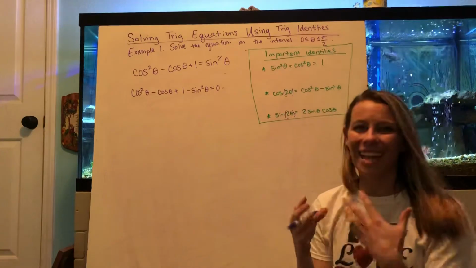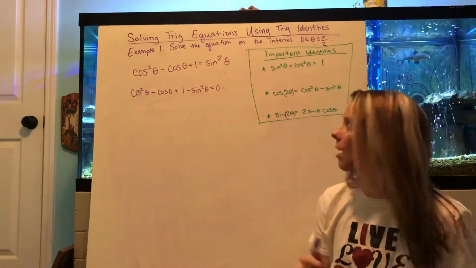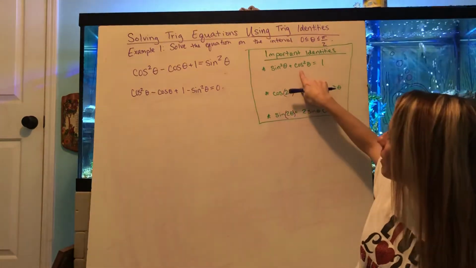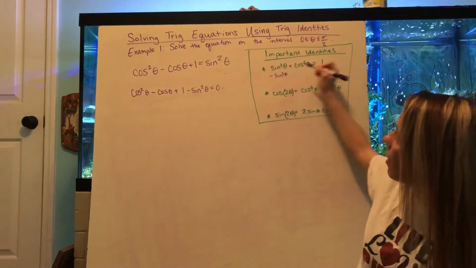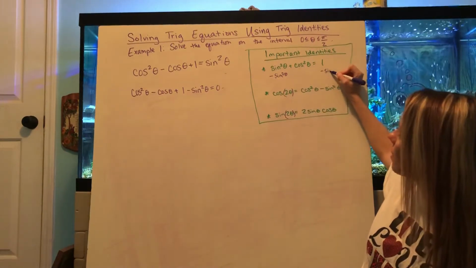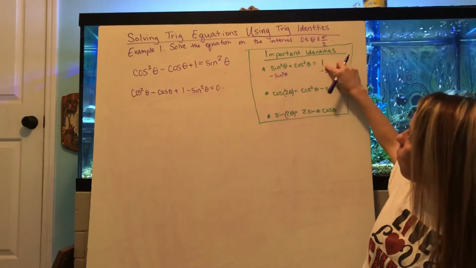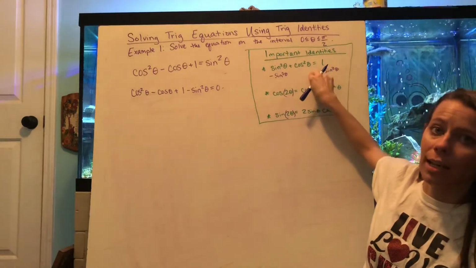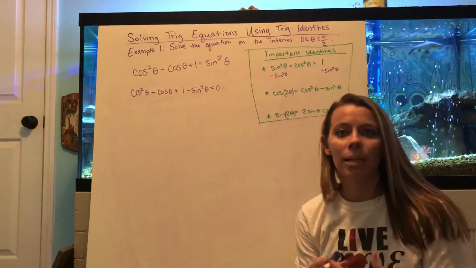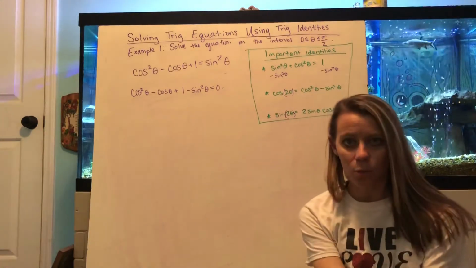And the reason I did that was kind of thinking ahead. The Pythagorean identity, if I subtract sine squared theta from both sides, 1 minus sine squared theta is going to be cosine squared theta, which is super handy because then everything is in terms of cosine.